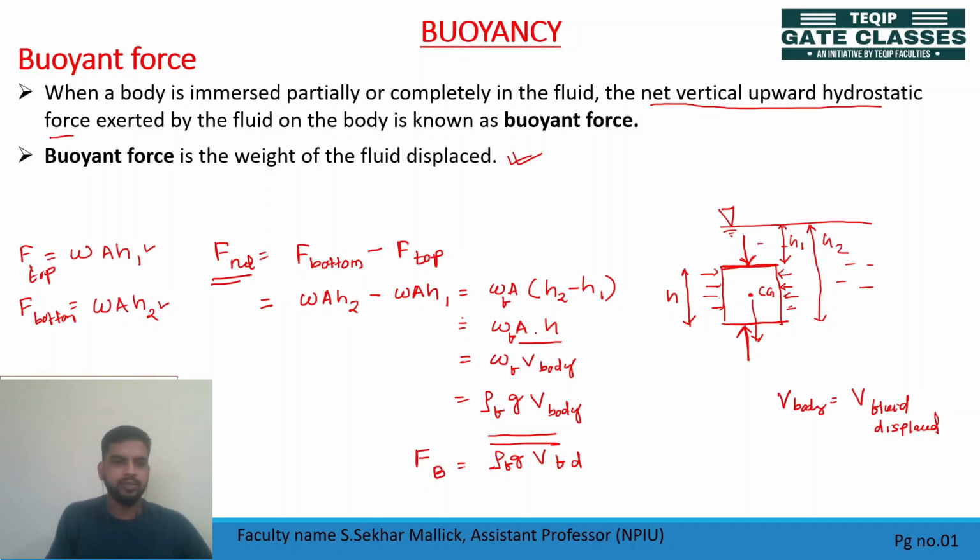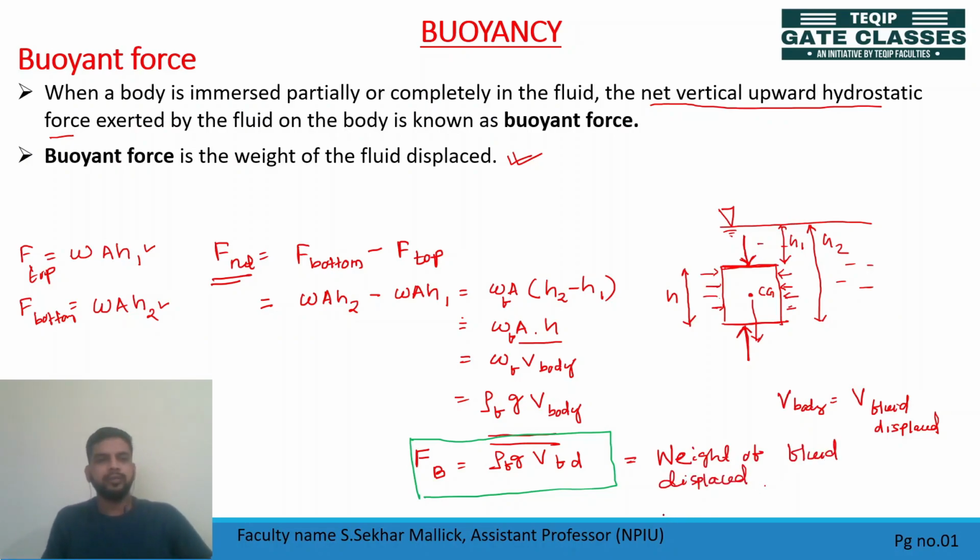So buoyant force is equal to rho f g V of fluid displaced. Rho into volume is mass, and mass into g is weight. So this is the weight of fluid displaced. That's why we proved buoyant force is the weight of fluid displaced.